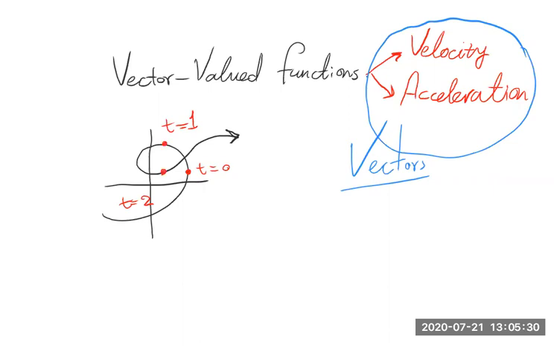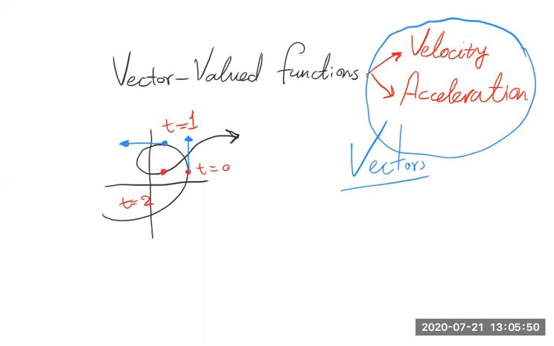When the particle is here, we say the velocity is the tangent line to this curve. Do you see this tangent line? This thing shows the direction at exactly that point, right? For example, the velocity at t equals 0 would be a tangent line.